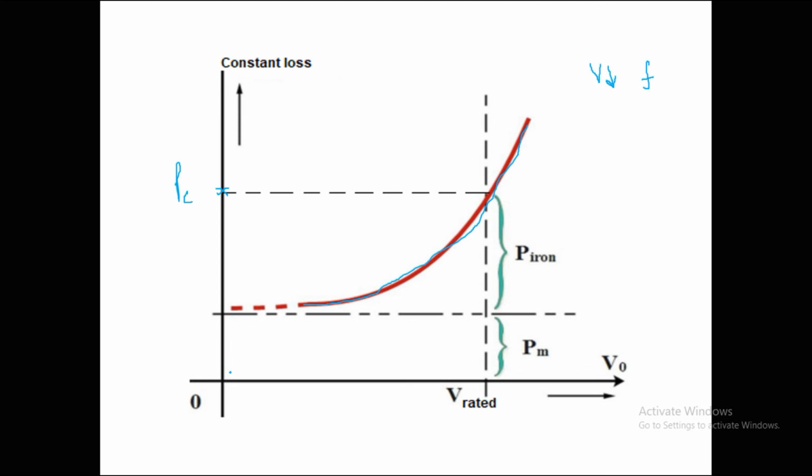So from the origin until this intersection on the y axis, we can say this is the mechanical loss, because we know mechanical loss is independent of voltage. Here the voltage value is 0, so this portion is the mechanical loss, and the rest of the portion will be the iron loss. So this is about the separation of no load losses in a 3-phase induction motor.